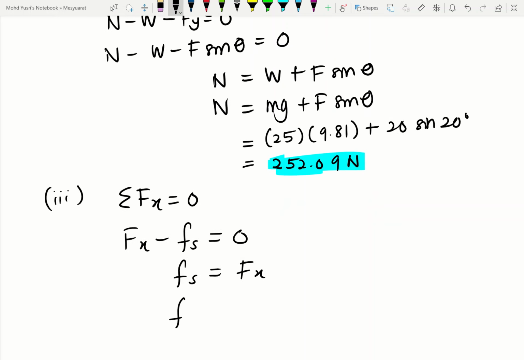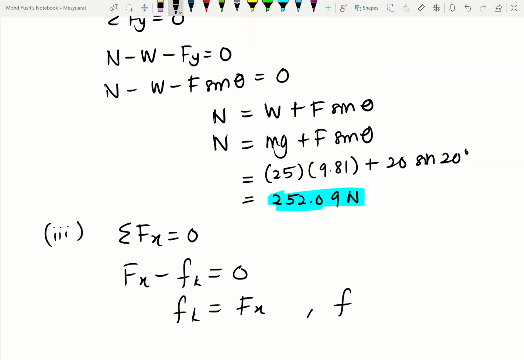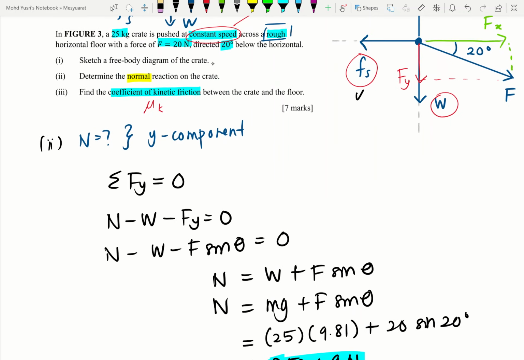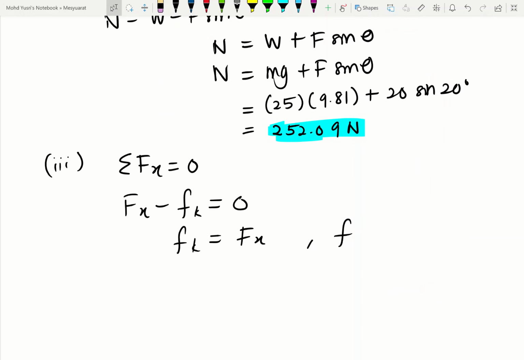So, Fs is equals to, now, equation ni diberi, should be Fk, saya minta maaf, kinetic friction. Atas itu Fs okay, atas pun saya salah juga, it should be K, Fk. Fk is equals to mu K times N. So, mu K times N is equals to Fx is equals to F cos theta.